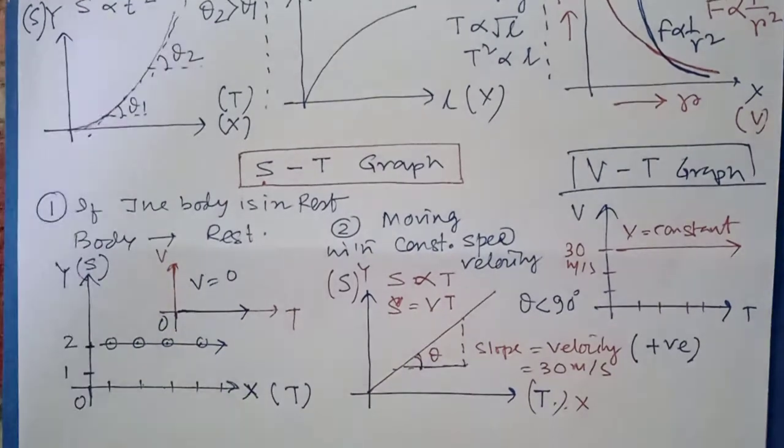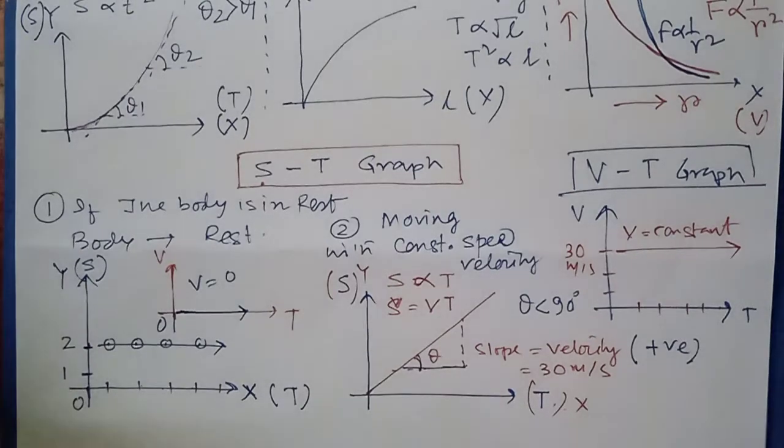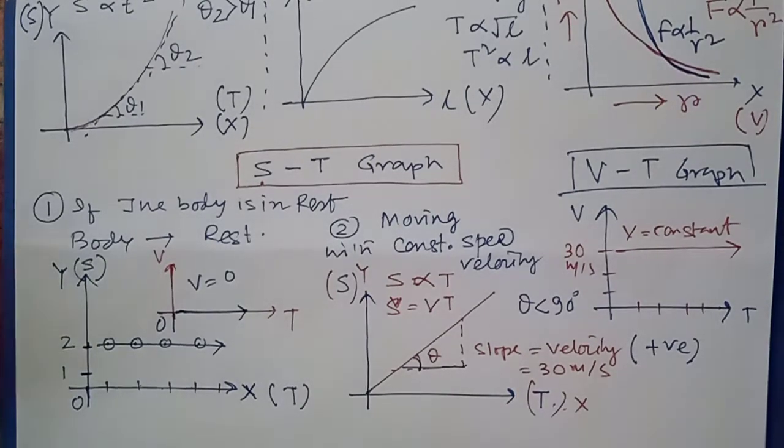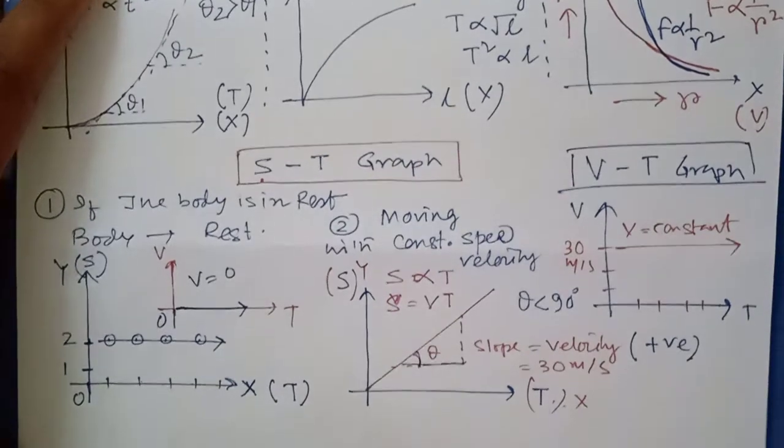Am I right, students? So this is the corresponding VT graph I can draw with the ST graph. Okay, is it okay, students? Okay, next, please pause the video and write everything.